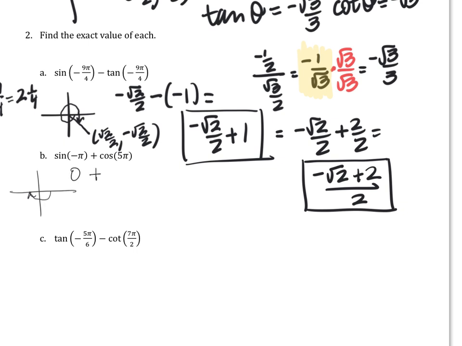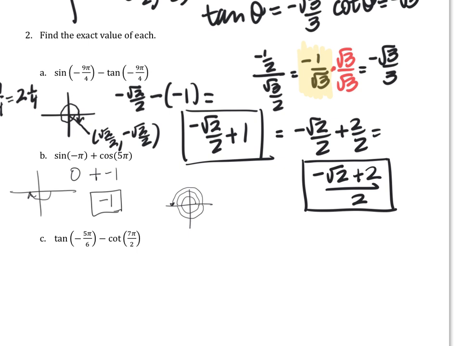Cosine of 5 pi: I'll draw another one over here. 1, 2, 3, 4, 5. It ends up at the same place, so those are coterminal angles. Cosine there would be negative 1, so that adds together to get negative 1. Well, that one wasn't so bad.